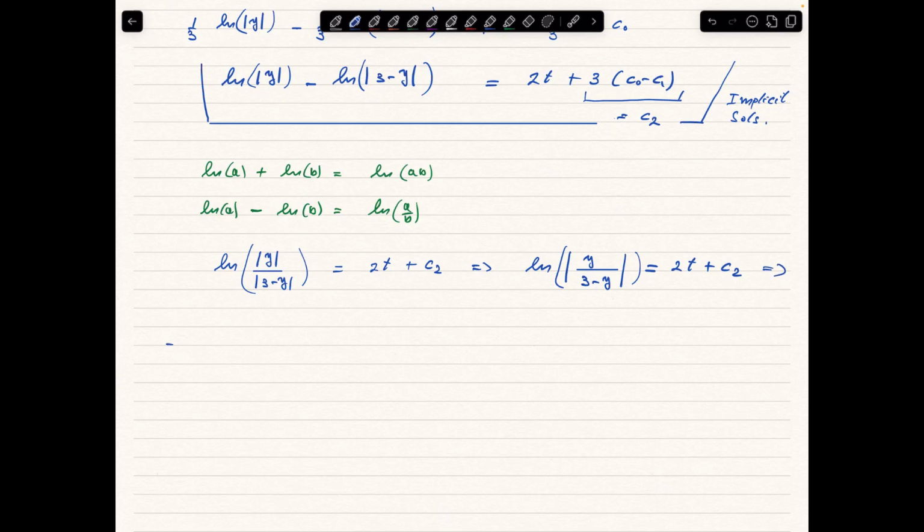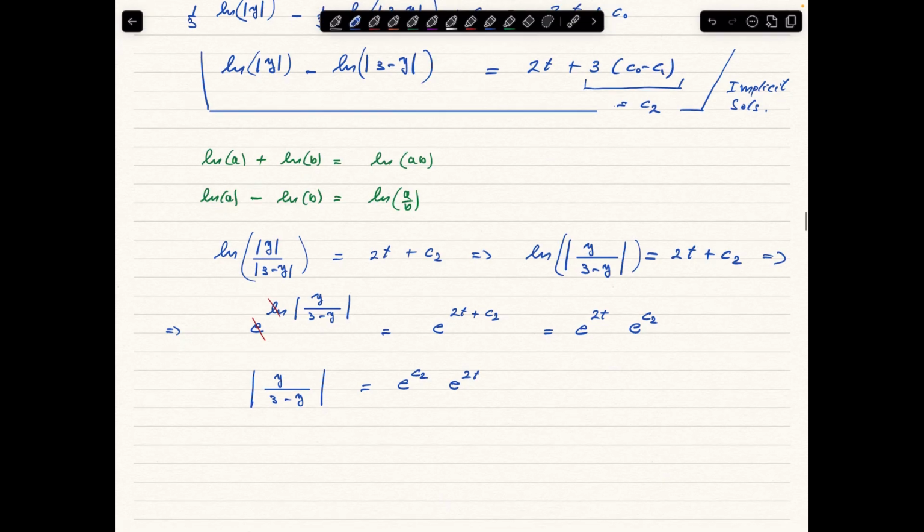And we can do it even better. And we can say, for example, that if we compute exponentials on both sides, y over 3 minus y, this is equal exponential 2t plus c2, and recall this exponential is just the exponential of 2t times the exponential of c2, and here the natural log and the exponentials cancel out, and we have absolute value of y over 3 minus y is equal exponential c2 exponential 2t.